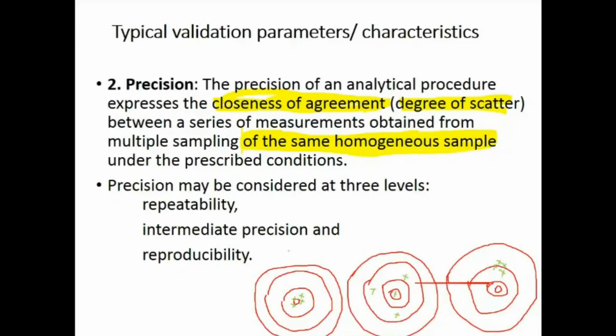Let us consider case 1, case 2, case 3. Can anybody comment about accuracy or precision in case 1?